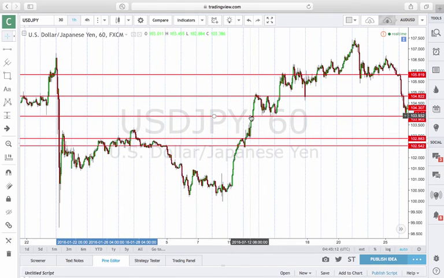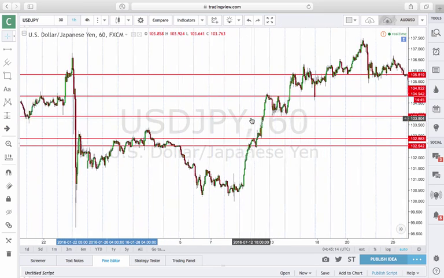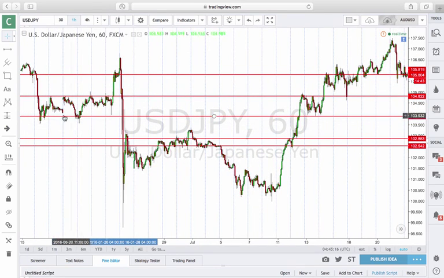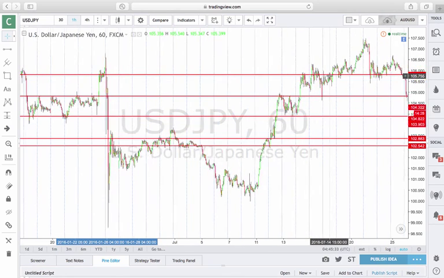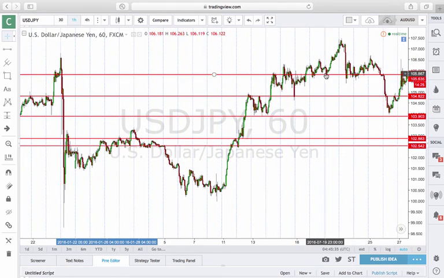Price broke above, even tested right here, made a little resistance, but also was support. What did price do? It came back and tested it as the floor. It broke above this area of resistance, or a ceiling, and came back and tested as the floor. And look again, resistance, the ceiling, came back and tested as the floor.